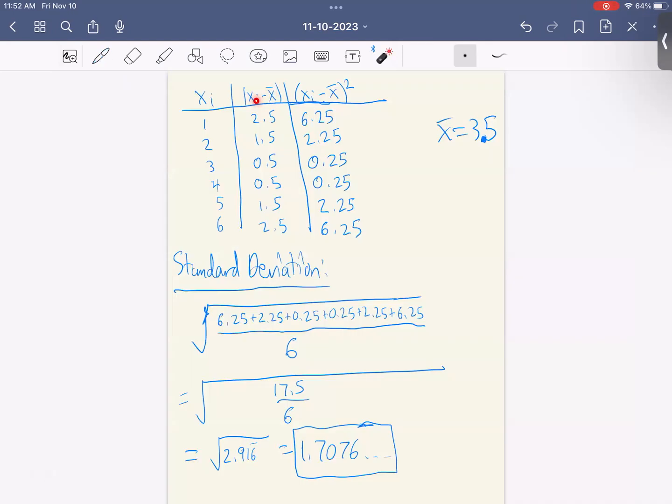What are our inputs into the mean absolute deviation? It's these quantities, xi minus x bar. If you increase all of the data entries by 5, then the xi's are all going up by 5. So if you increase everything by 5, what happens to the mean of your data set?